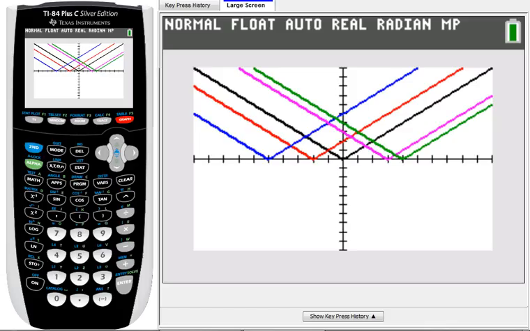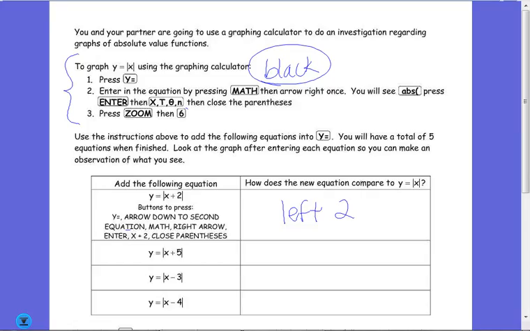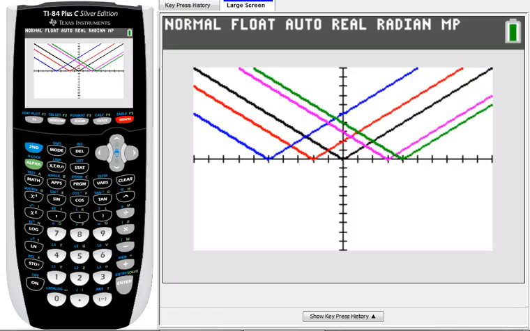The blue one was the next one we did. So again, all we did was shift the graph 1, 2, 3, 4, 5 to the left. So we're going to write down left 5. The next one was the pinkish purpley color. This time we didn't go left. We went right 1, 2, 3.